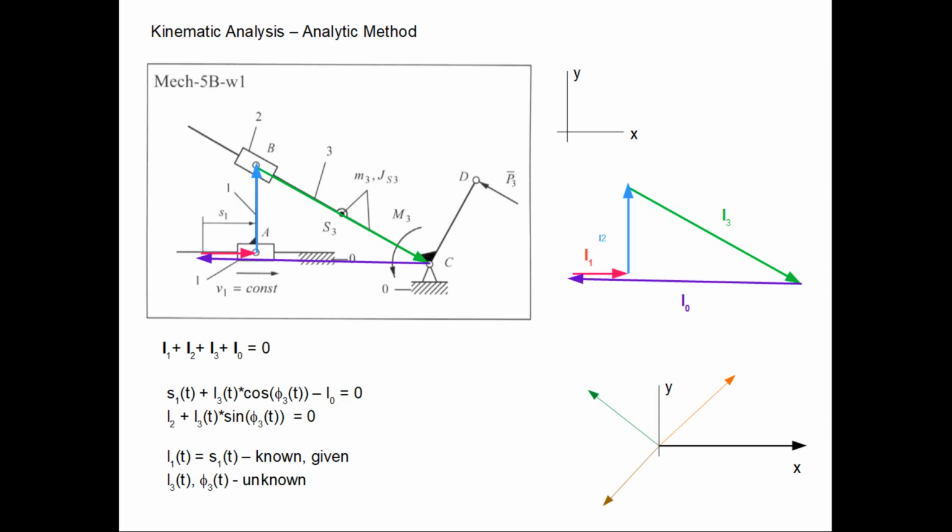As you can see, I haven't drawn the vector to the point D, because when we compute omega 3 and epsilon 3, the rotational velocity and the acceleration of link 3, it is very easy to compute the velocity and acceleration of point D, because this is just a rotation with a given angular velocity and angular acceleration.